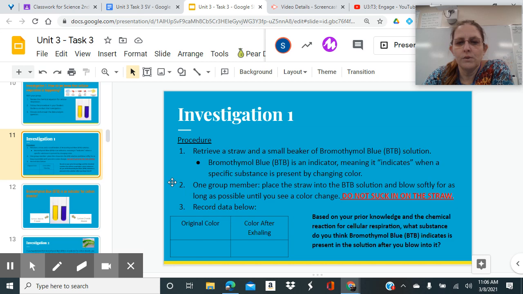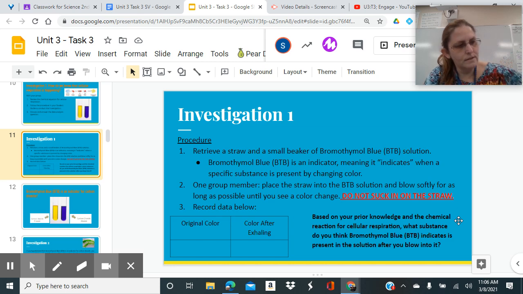So one group member is going to place the straw into your solution and blow softly for as long as you can until you see the color change. And then we're going to see what happens. All right, so based on your knowledge of the chemical reaction for cellular respiration, what substance do you think the BTB indicates is present in the solution?